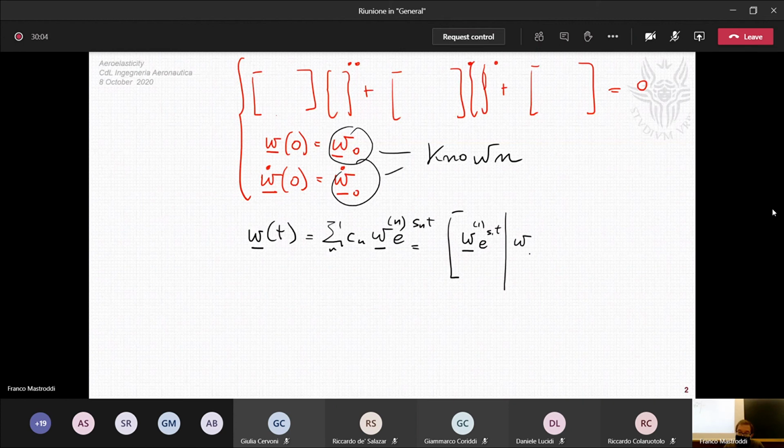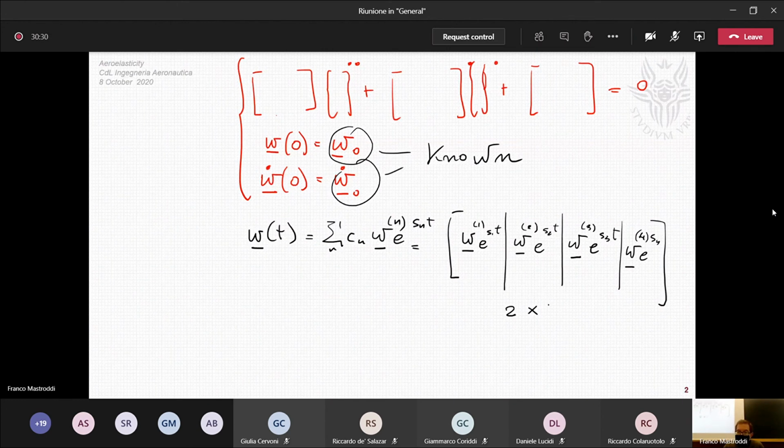The second column e to the S2 t. The third and the fourth, and this is a 2 by 4 matrix, and you can apply this matrix to this coefficient vector C1, C2, C3 and C4.